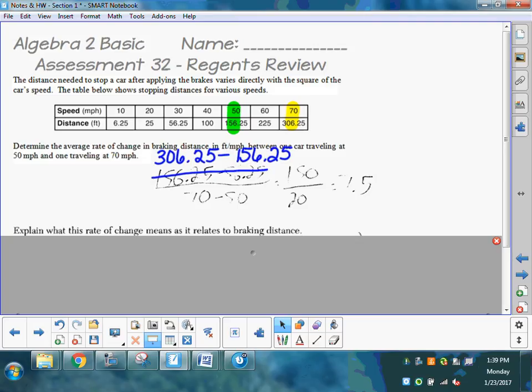It takes an average of 7.5 feet for the car to be going around 60 miles per hour. No. Every mile per hour faster than we were going after 50 feet, you create 7.5 feet per mile. The braking distance required increases by 7.5 feet per mile per hour on average at a speed range between 50 and 70. That's what you get.